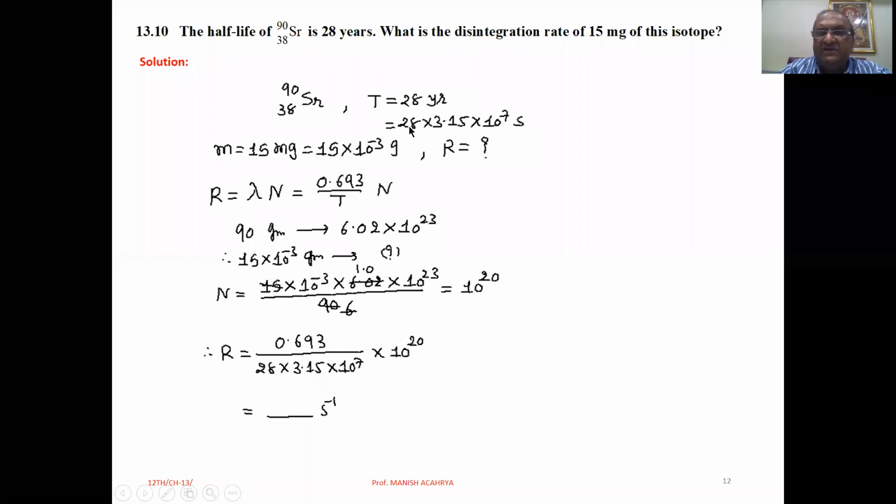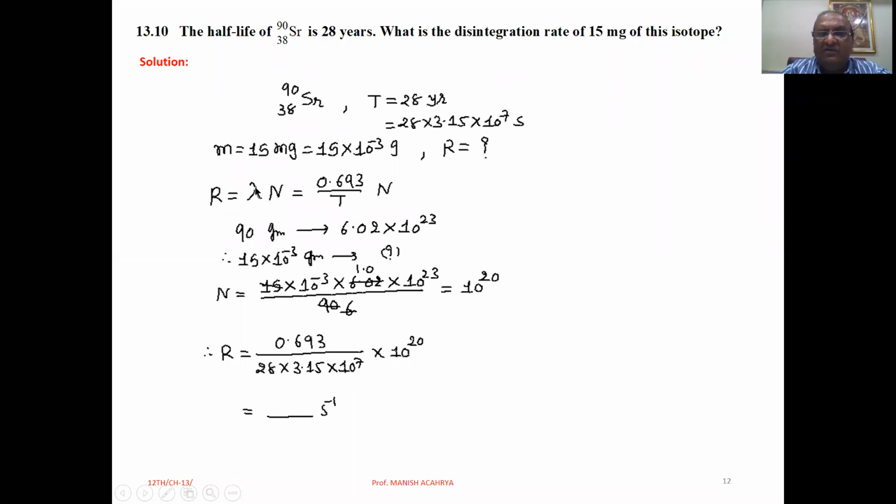So half-life is 28 into 3.15 into 10 raised to 7 seconds. Mass of the substance, that is 15 milligram, that is 15 into 10 raised to minus 3 gram. And we want to calculate the activity, disintegration rate, or we say decay rate, or activity. After all, they are one and the same thing.